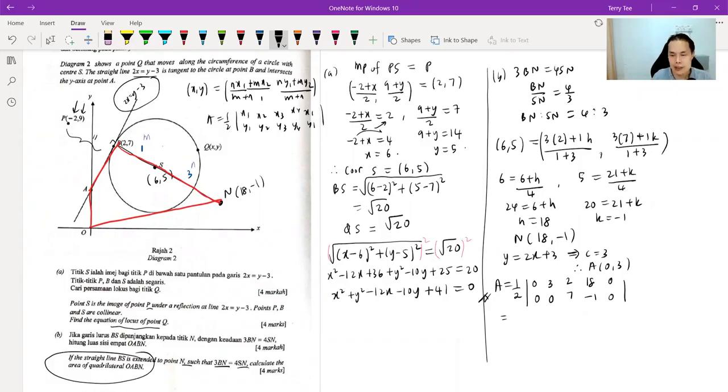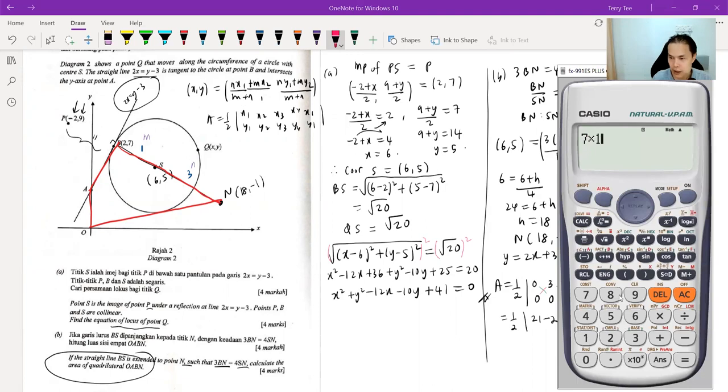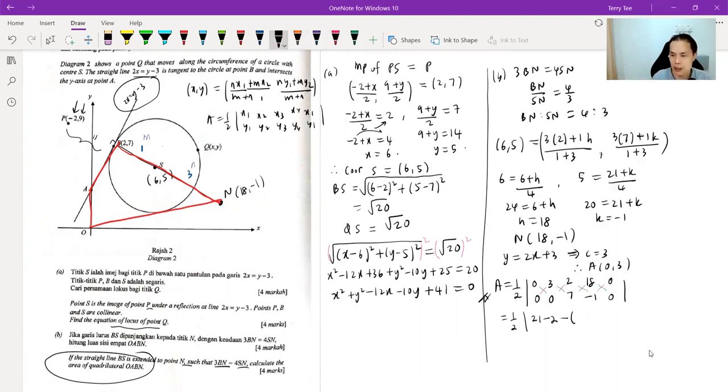Okay, so let us multiply downwards. Okay, so this is (0, 21) minus (2, 0)... Then the other direction going up is 0, 0, 7 times 18. If you're not sure, use the calculator, 7 times 18. This will be 126.